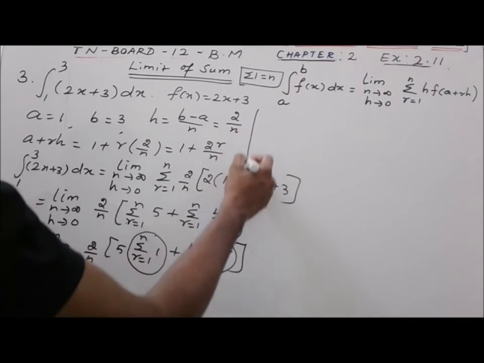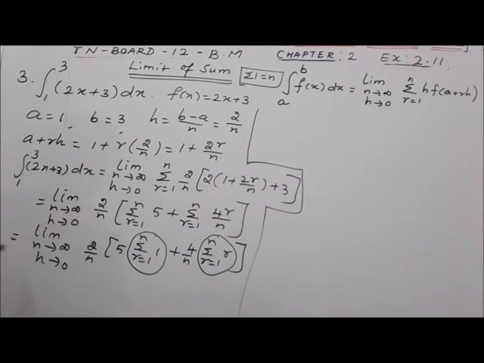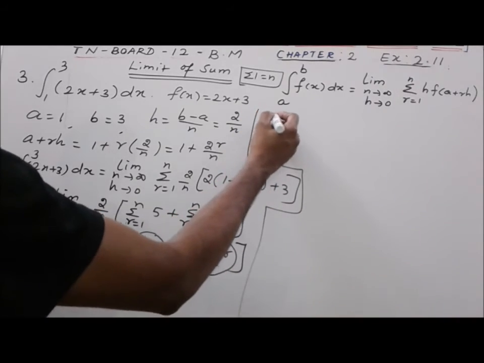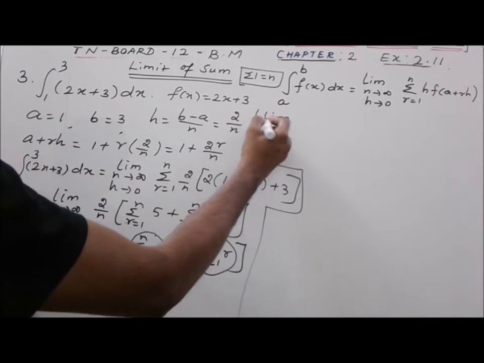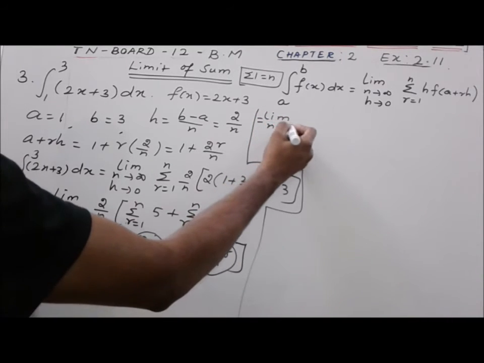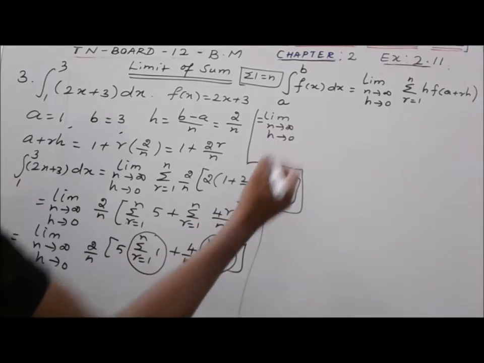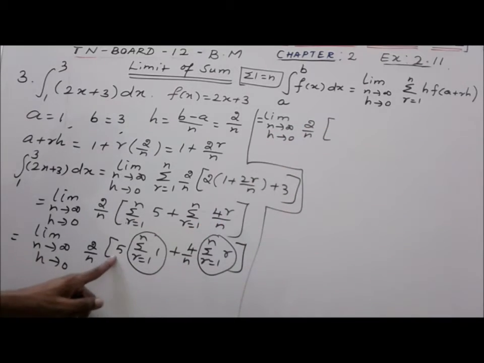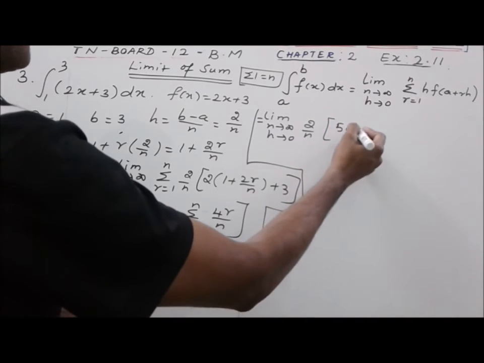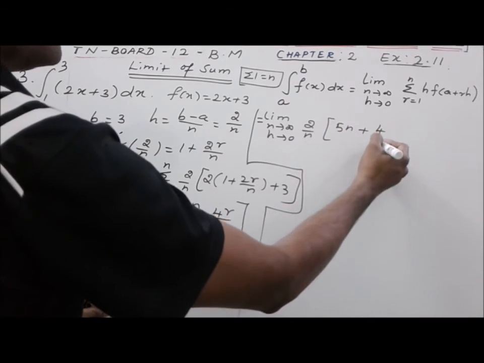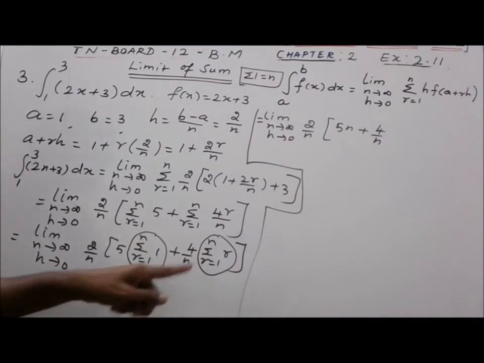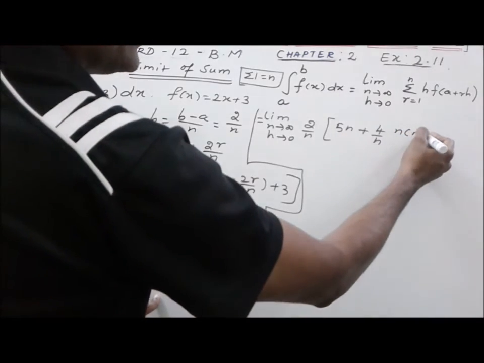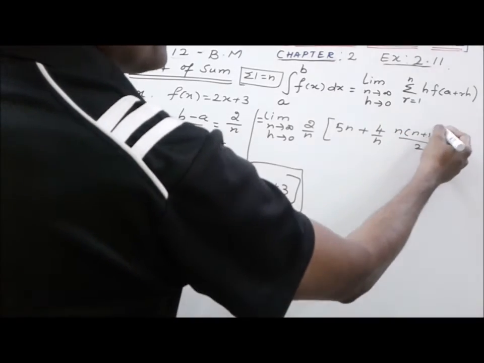Then by simplifying this, we get the limit of 2/n times [5n + 4/n times n(n + 1)/2].